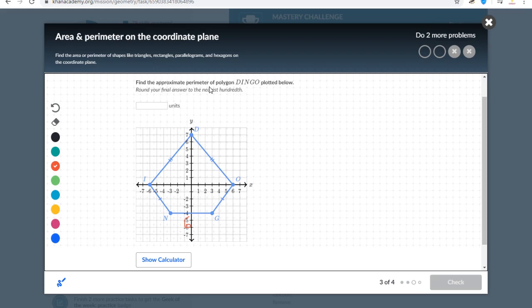Since it's perimeter, all we're doing is just adding up all of the sides here, but we do need to do some formulas using triangles to be able to find our values of these, because you can't exactly just count how many spaces like this. So let's use triangles.